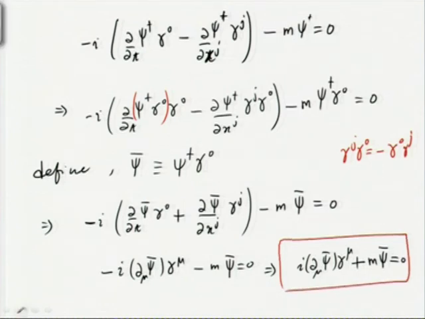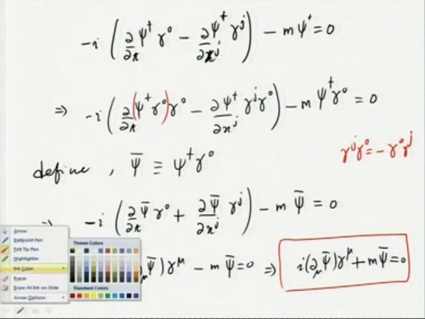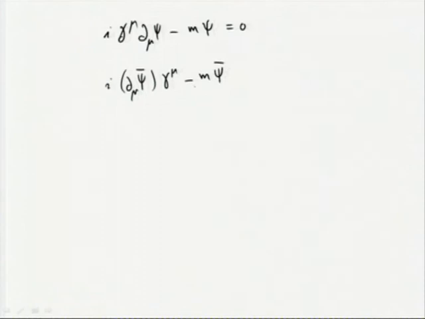So, now we have these two equations. One is the Dirac equation, I gamma mu dou mu psi minus m psi equal to 0, and I have dou mu psi bar gamma mu plus m psi bar equal to 0. First, multiply the first equation with psi bar from the left.